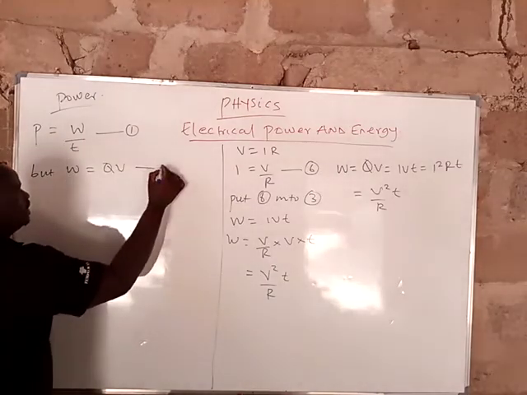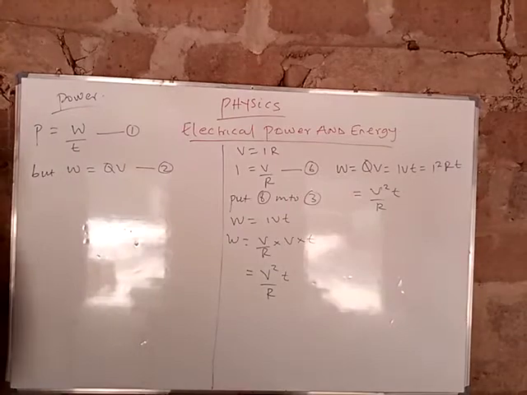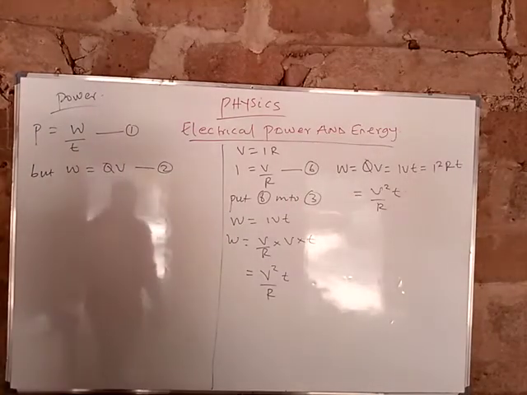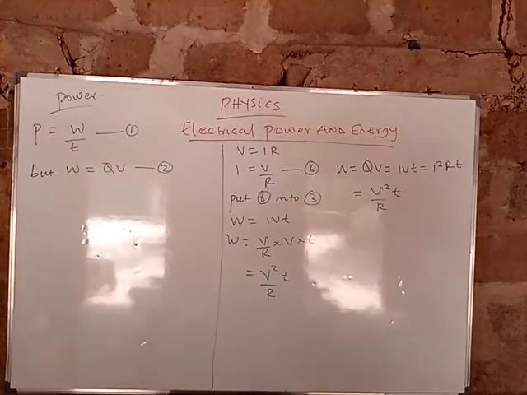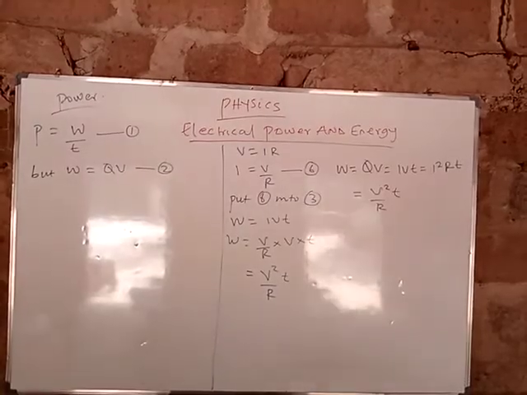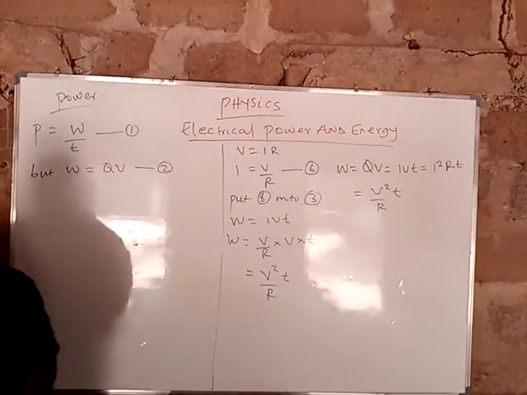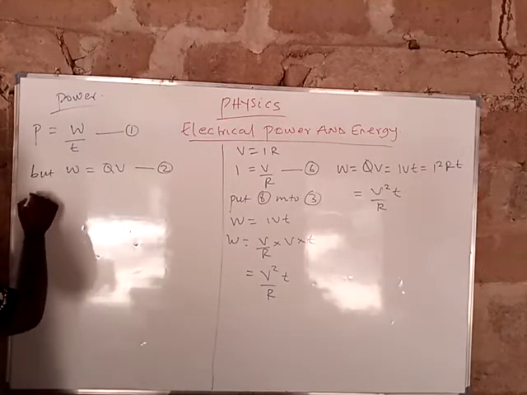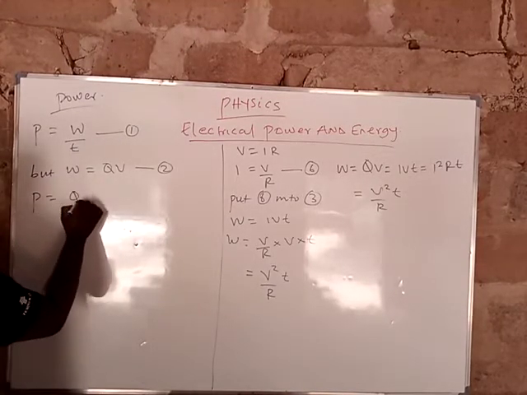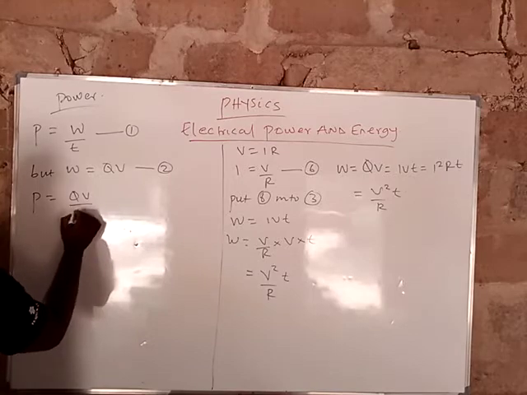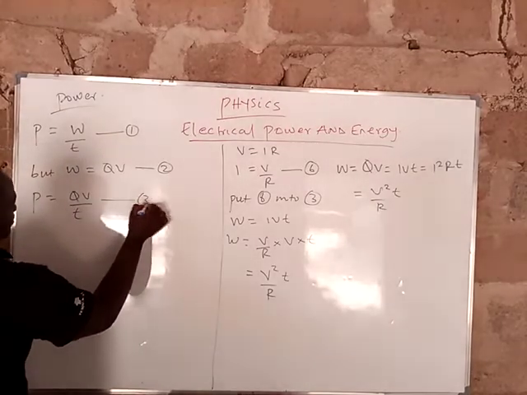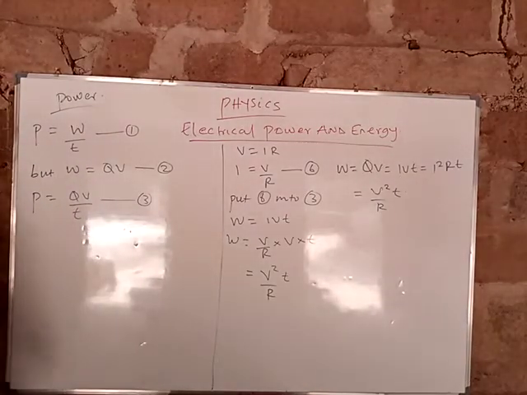V. And this is equation 2. So basically, what I want to do is replace the energy, and that will be P is equal to QV all over T. And that is one formula for calculating power.